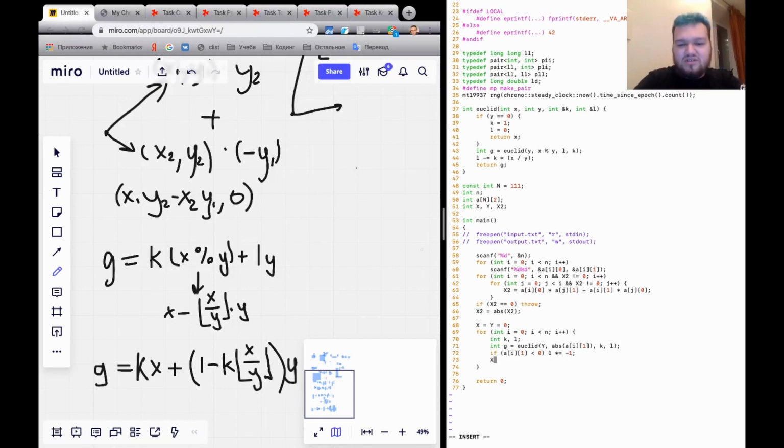So its x coordinate will be old x times k plus new x times l. It will be equal to g, and we want to take x modulo x2, so it won't become very big.